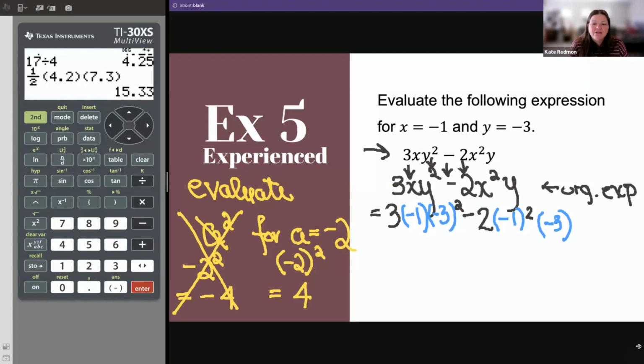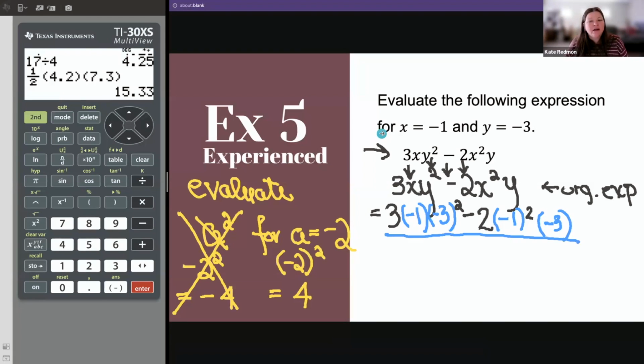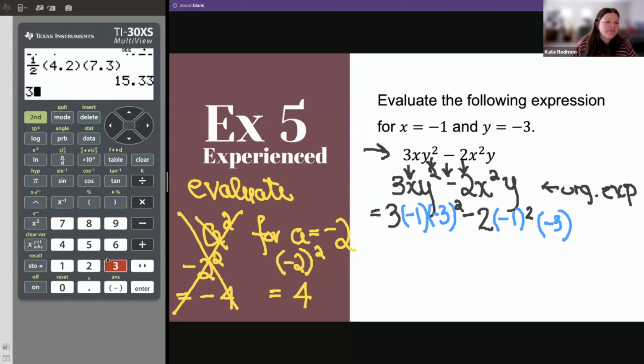All right, now that I have my substitution done, it might be long, it might be ugly, but it's only numbers right now. There's no letters left, and so I can simplify here by typing the entire expression. 3, open parentheses. Now I want -1, so I use the negative down at the bottom. Close parentheses, open parentheses, -3, close them before I square it using the X squared button.